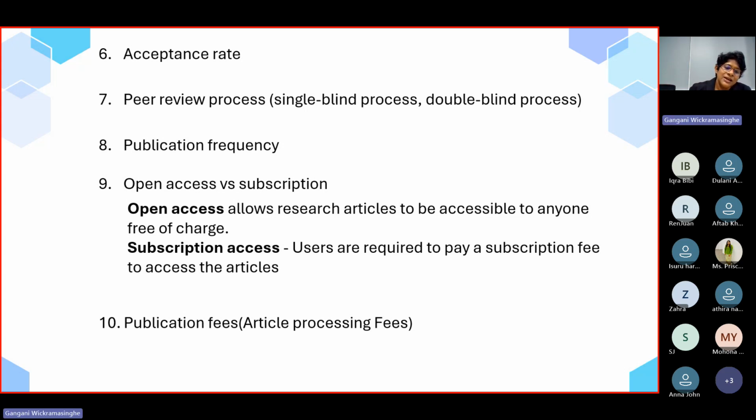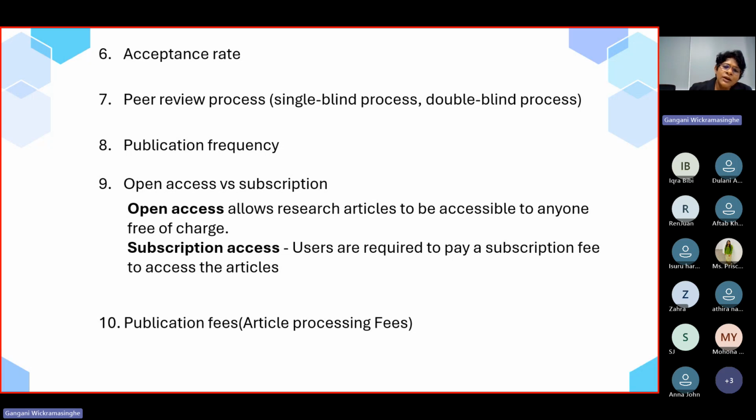And finally, when you are selecting a journal, be careful about the publication fee, because some journals will say the publication fee or the article processing fee is free of charge. But there can be certain journals that can demand up to $1,500, maybe $2,000 as the article processing fee.